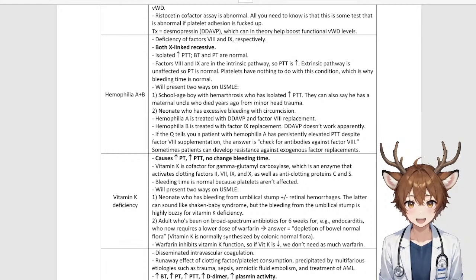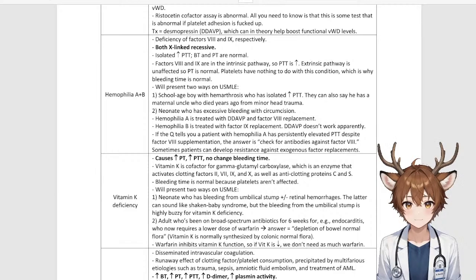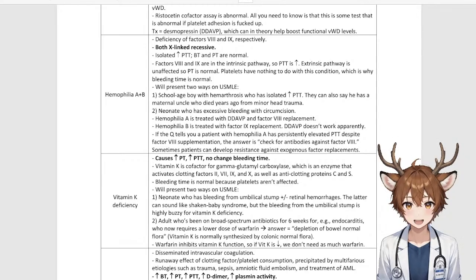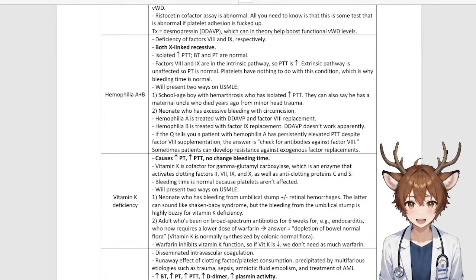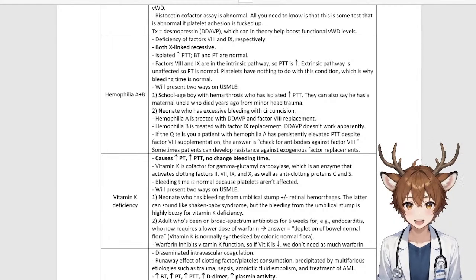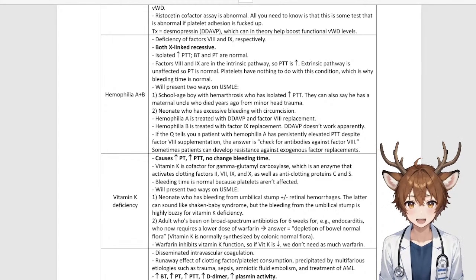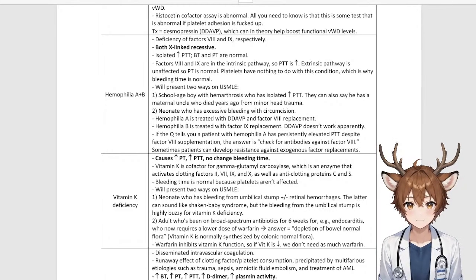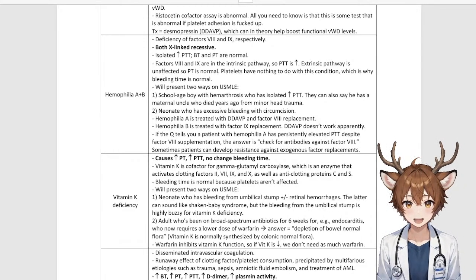If only PT is elevated, it might be a factor 7 issue. If both of them are elevated, then it's probably part of the common pathway, maybe like factor 10. So just be aware of that. That might help you figure out what's going on.